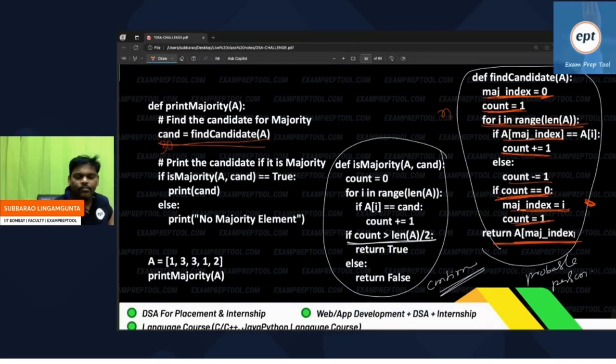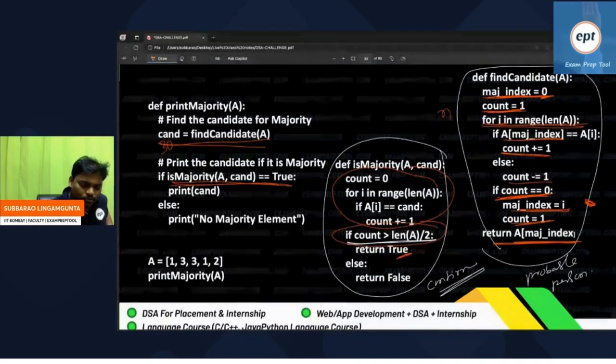Now for confirmation purpose, take one for loop to count. If count is greater than length of A by 2, then return true. Assume that true came. True is equal to true. Print candidate. So printed.